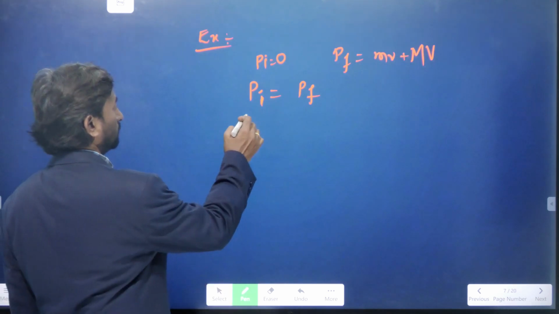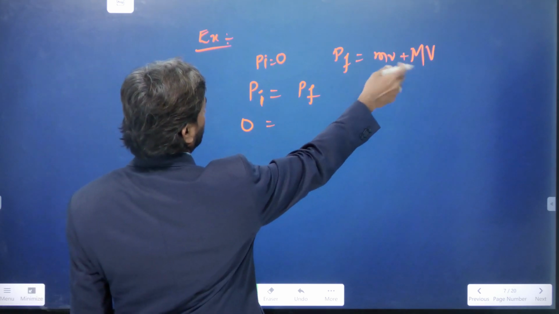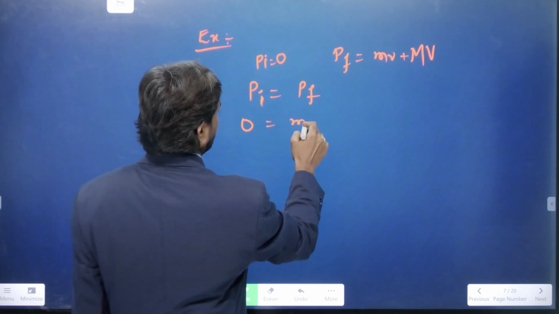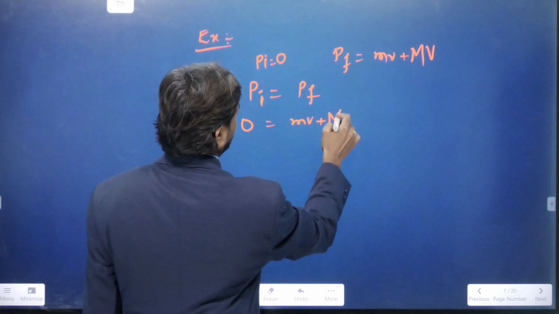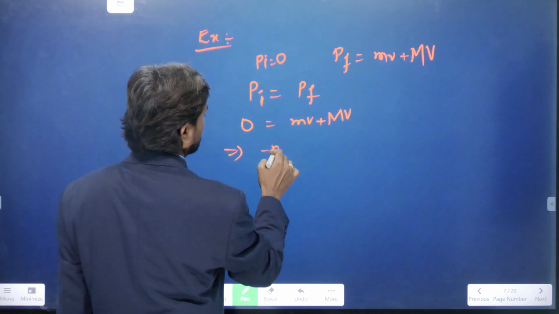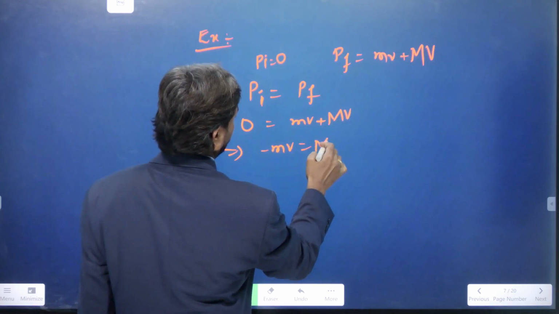Initial momentum will be 0 and the total momentum after the gun fires is mv plus capital M into capital V. So we can write 0 equals mv plus MV, so minus mv is equal to MV.